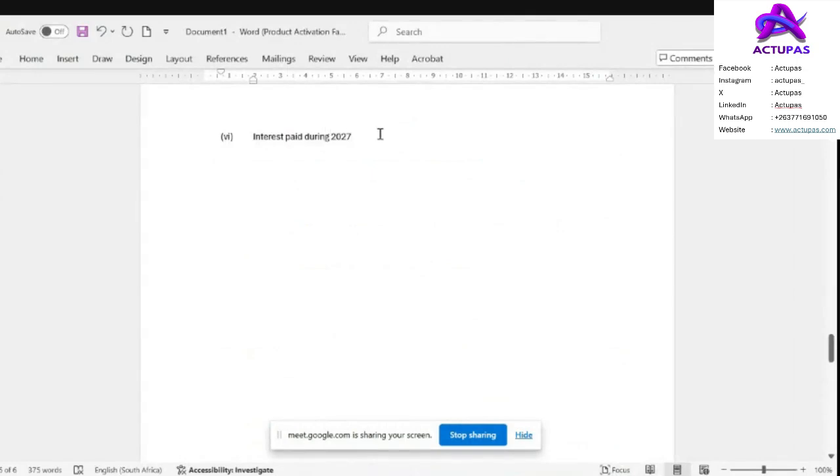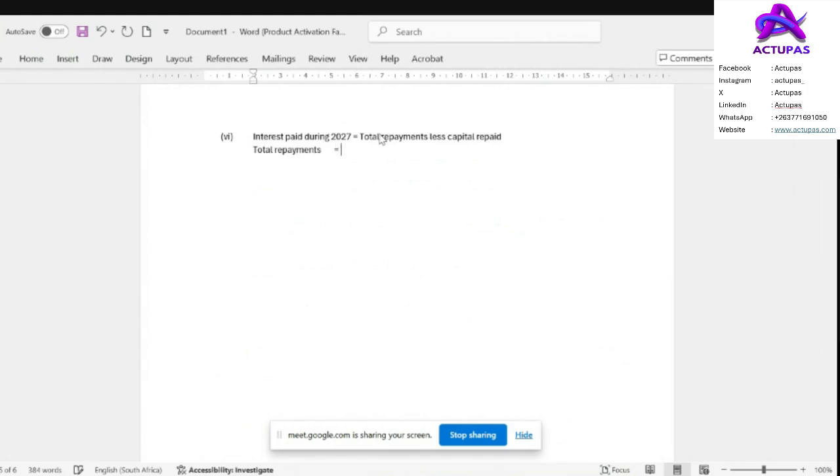So the total interest paid during 2027 will then be the total repayments minus the capital repaid. And we can write the equation as interest paid equal to the total repayments less capital repaid.